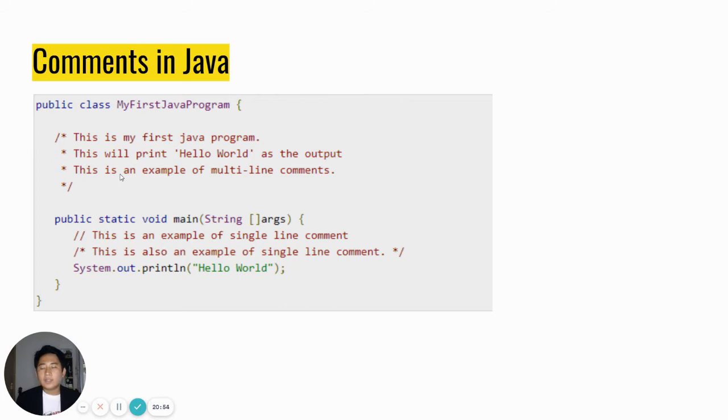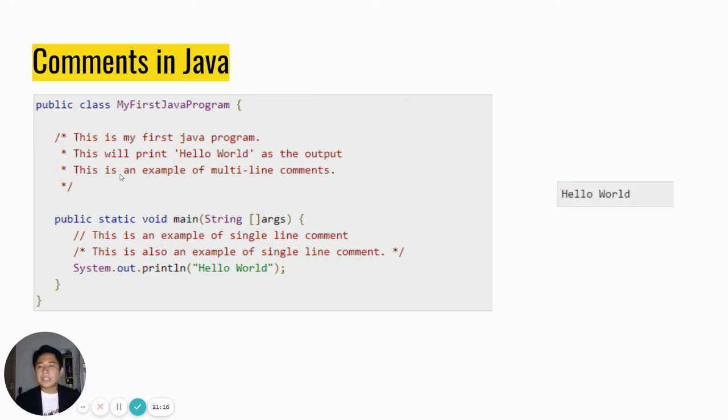This is very important in Java programming as well, because if you are working on a lot of programs, it's really confusing. So you have to write comments so that you will know what's happening in your program.